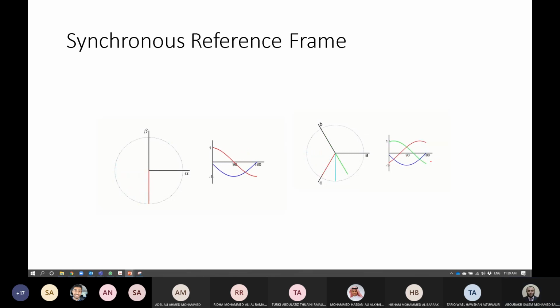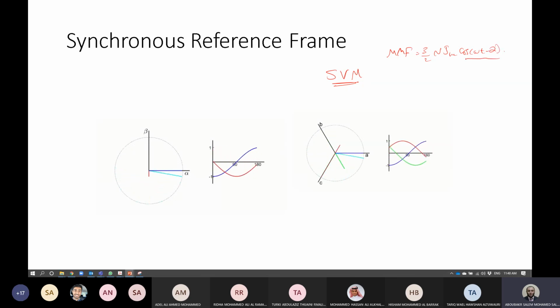Okay, for three phases, guys, we have a theory called space vector modulation or space vector theory. This space vector theory transforms the three phases into one magnitude. If you remember, when we calculated the rotating flux of the three-phase induction motor, we got that MMF equals 3/2 n I maximum cosine(omega t minus theta).